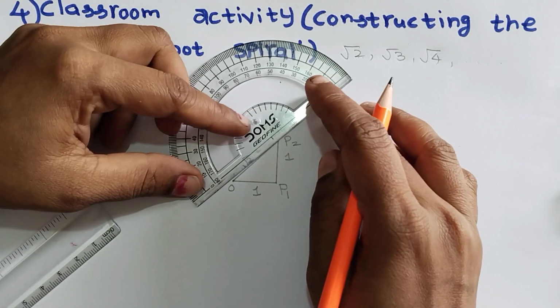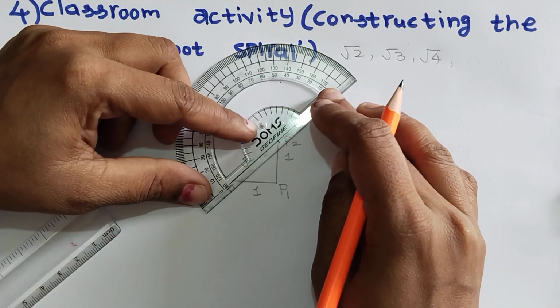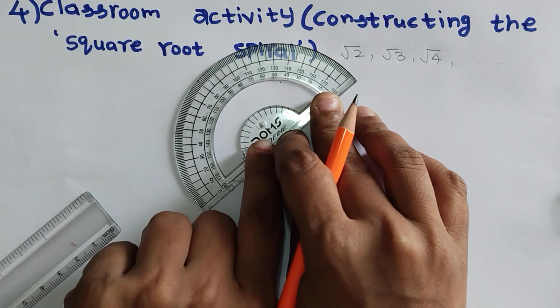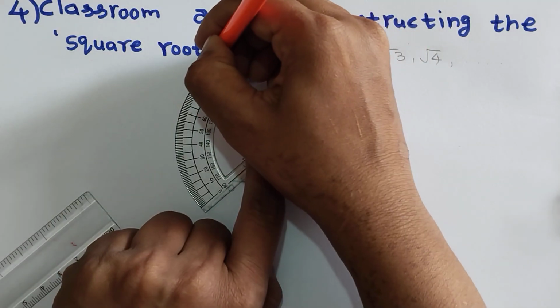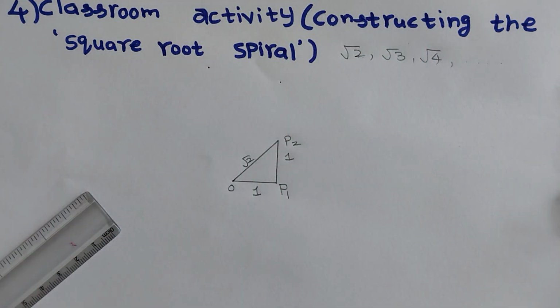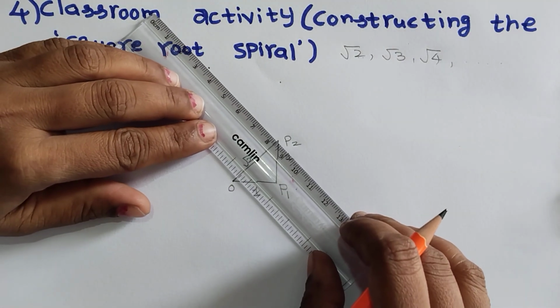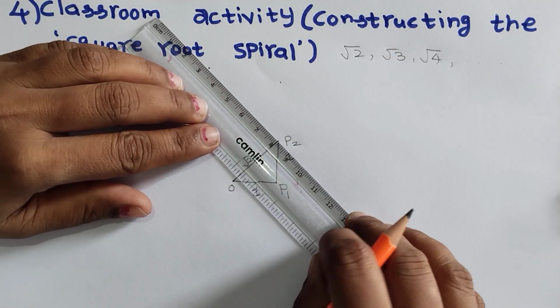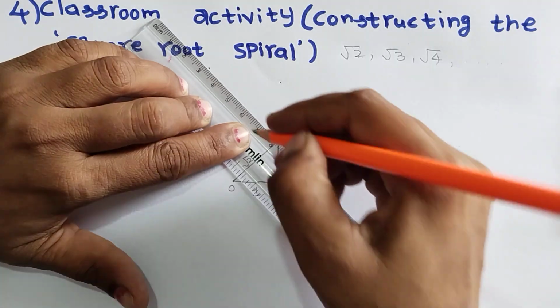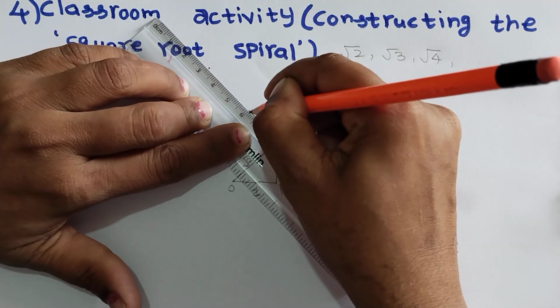Here we have to mark from this point P2, take 90 degrees. Extend this to 1 unit.